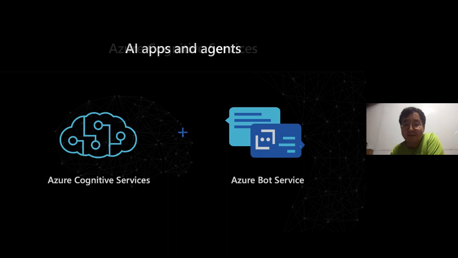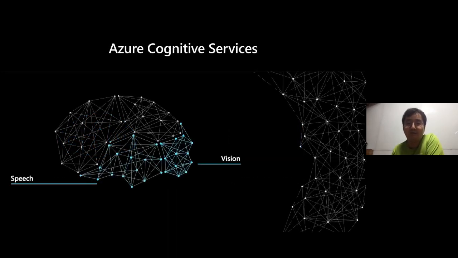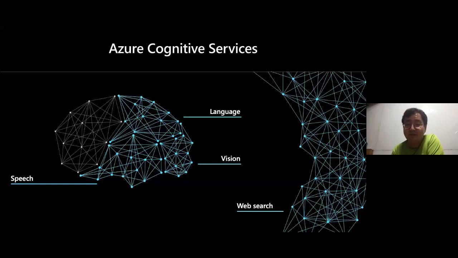Azure Cognitive Services is a core part of AI, to create technology that can help machines mimic human ability to perceive the world around us. So it does not refer to just computer vision, but also lots of other things such as language, speech, and also web search.